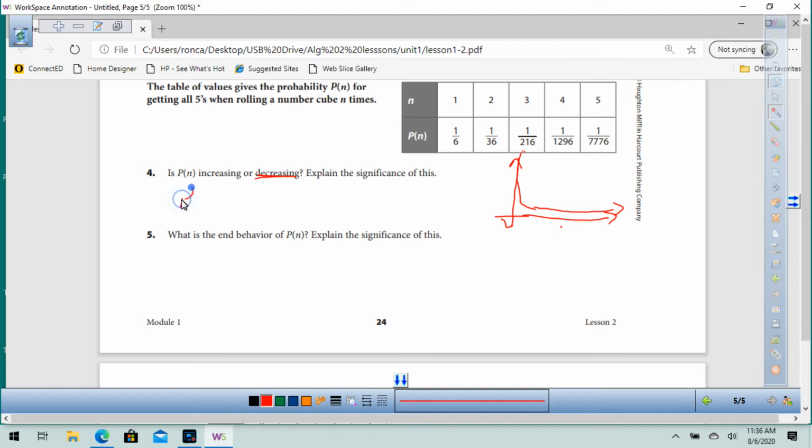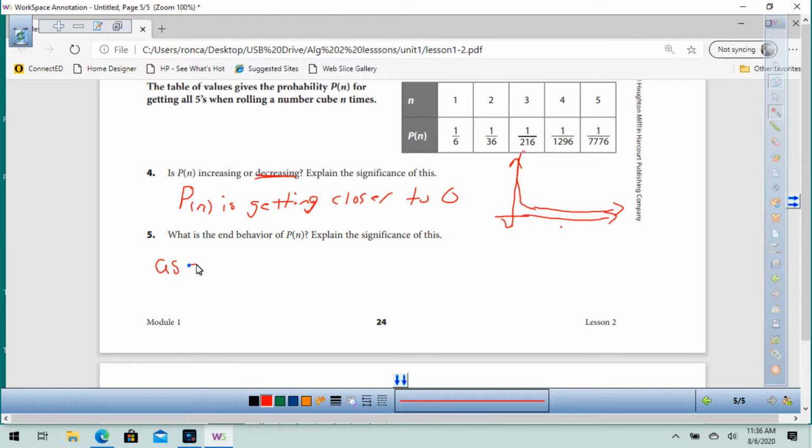So we say P of n is getting closer to 0.